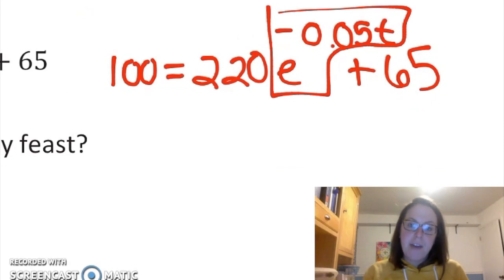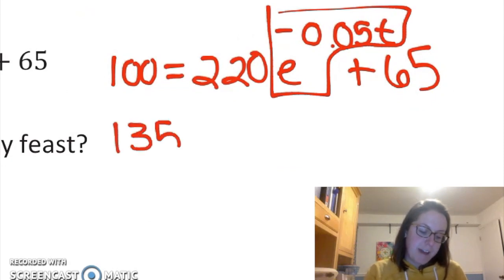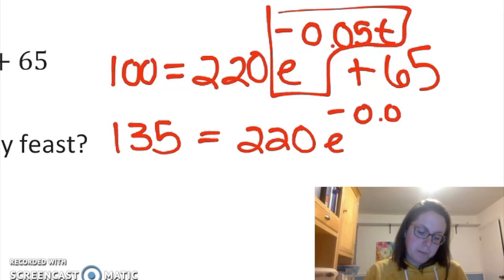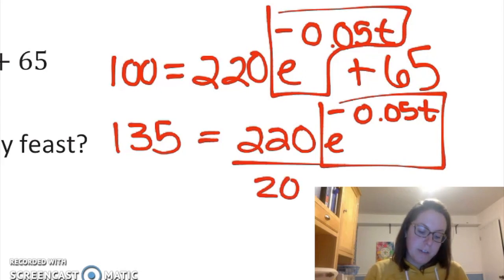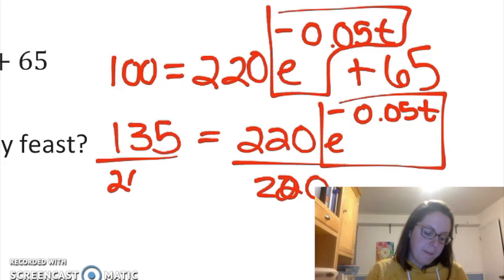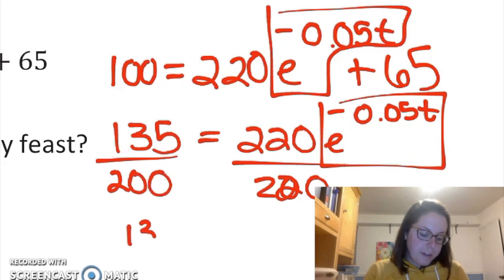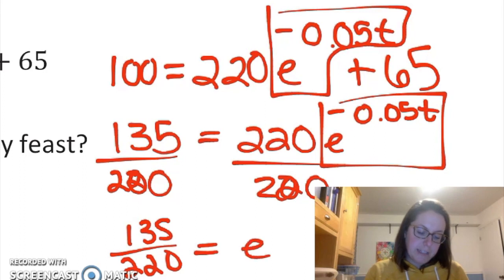To isolate that, first I'm going to subtract 65. And this is my exponential part. Divide both sides by 220, sorry, to get rid of that. So 135 over 220 equals e to the 0.05 t.